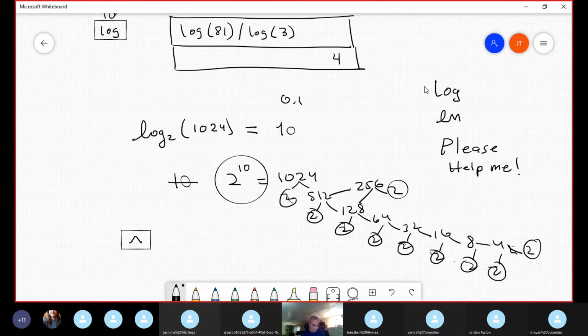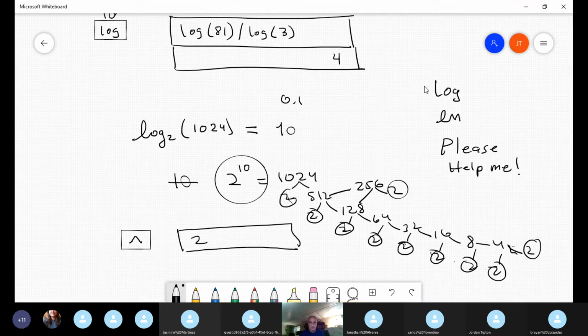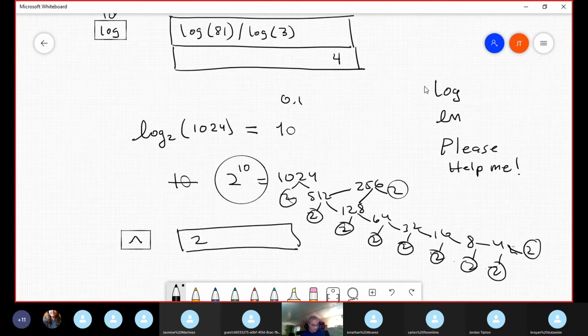You type in 2, this symbol that looks like a roof of a house, and the exponent, then press enter. Bang, 1024. Okay, super, no problem.